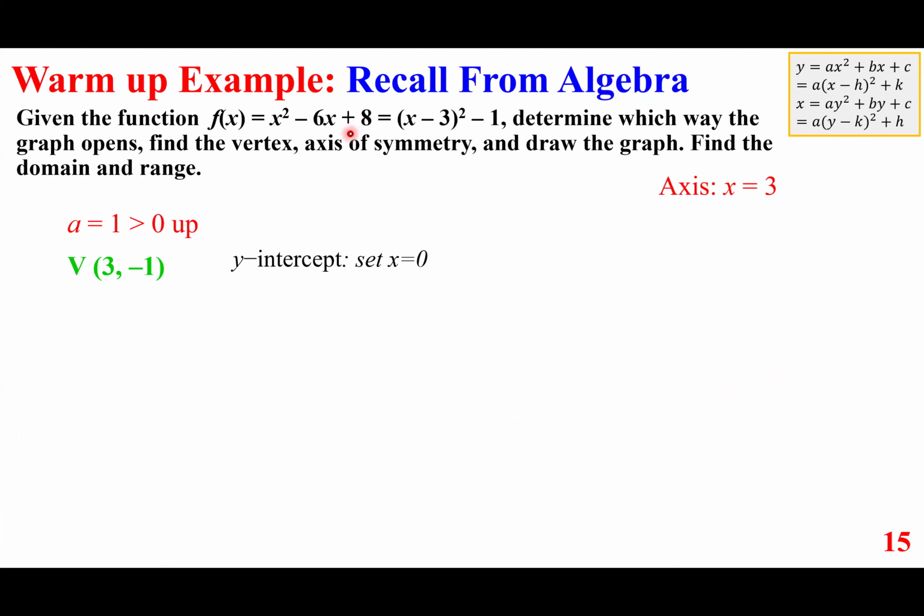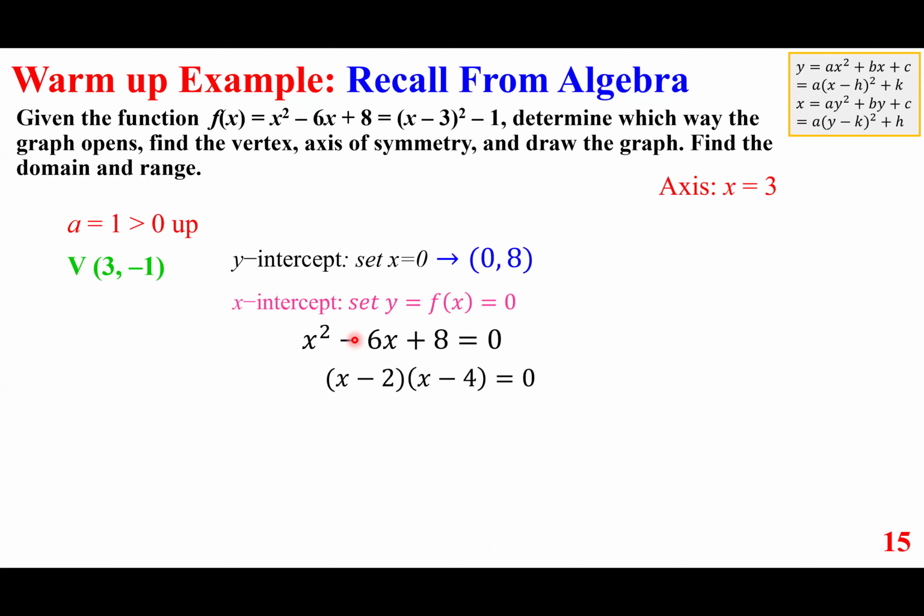It's easier to get from here. 0, 8. To find the x-intercept, set y or f of x equal to 0. It's easier to set this one equal to 0. And you're going to factor, you want two numbers. The product is 8. The sum is negative 6. And so x is either 2 or 4. That means 2 comma 0, 4 comma 0.